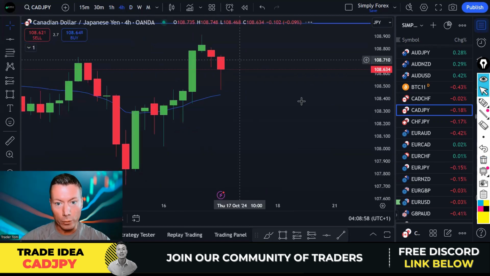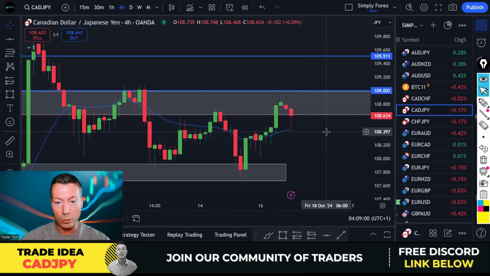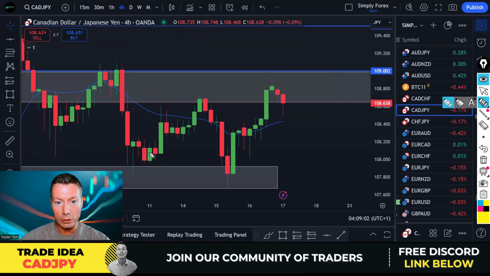If we look at H4, I've already entered this trade, and things are looking good, guys. So if we just track H4 structure, at this point we're in a downtrend. And then we get a real push yesterday and we're now in an uptrend. We're getting higher highs, higher lows, potentially a low.